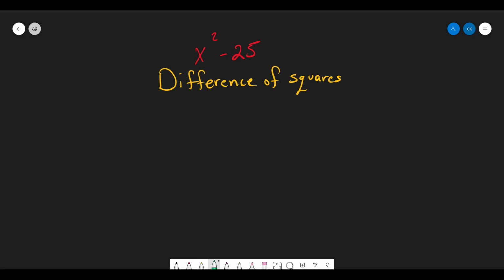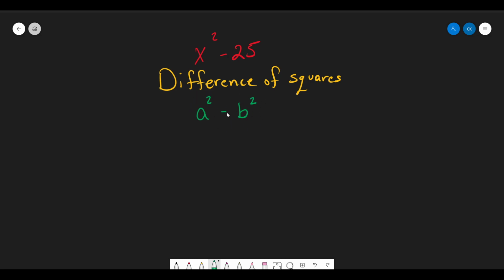First, the binomial has to follow the form a squared minus b squared. What that means is that the first term of the polynomial has to be a perfect square, and so does the second term.